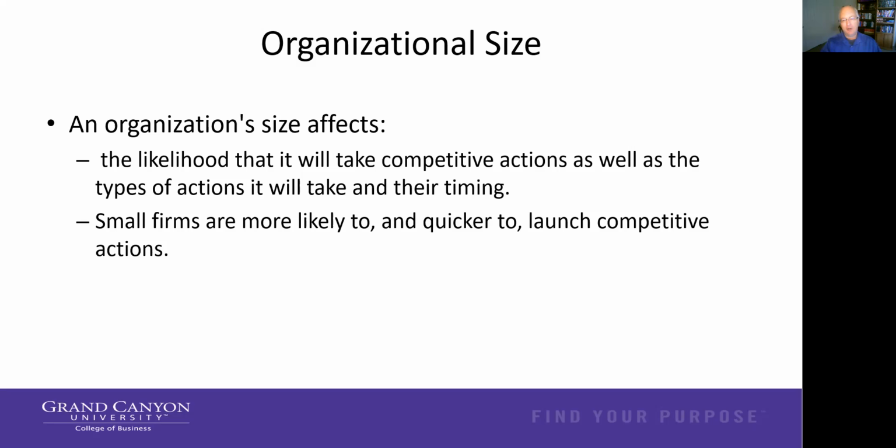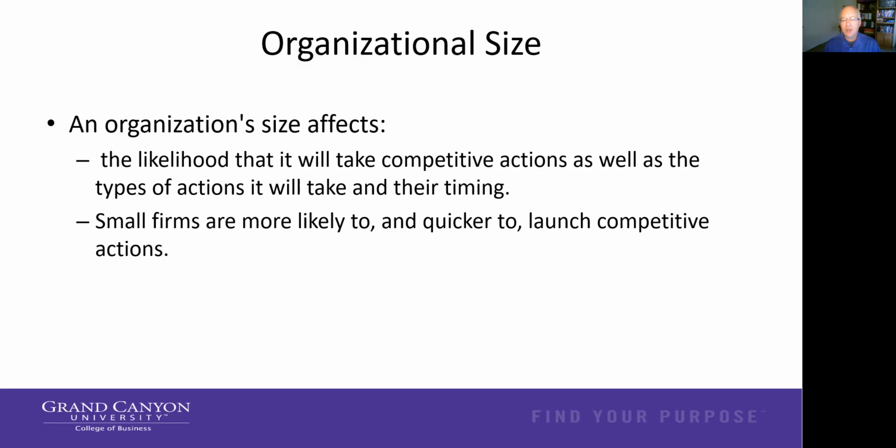So the smaller the firm, the more likely they are to launch competitive actions. Large firms are likely to initiate more competitive actions as well as strategic actions during a given time period. So the competitive actions a firm will likely encounter from larger competitors will be different than the competitive actions it will encounter from smaller competitors.